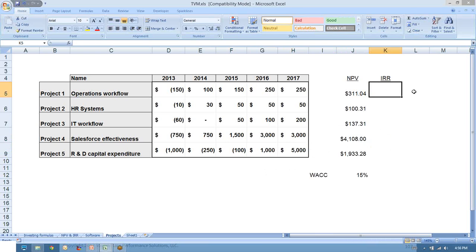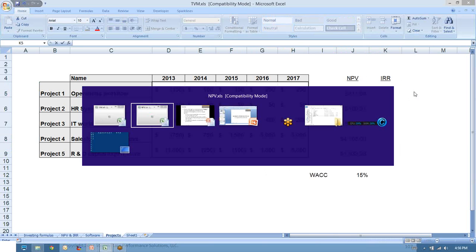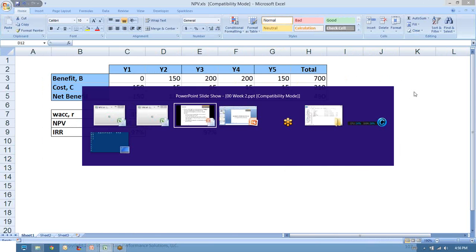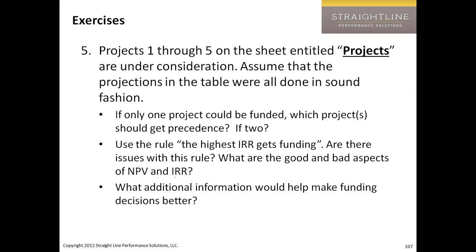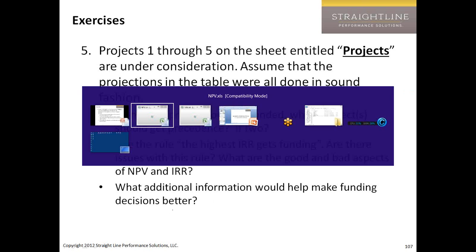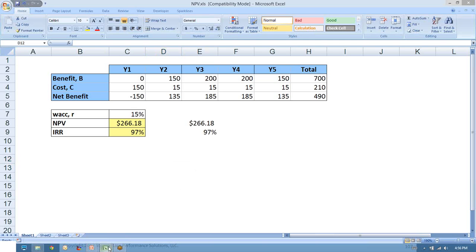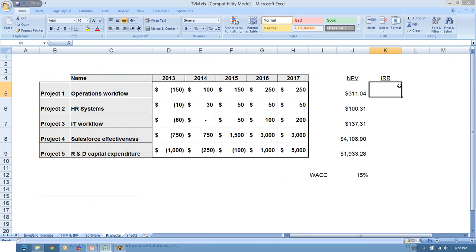All right, let's take a look at what internal rate of return would be. Let's suppose instead that we use the rule, the highest IRR gets funding. And let's see if there are any issues with this. Again, I've gone to the wrong spreadsheet, and here I am.